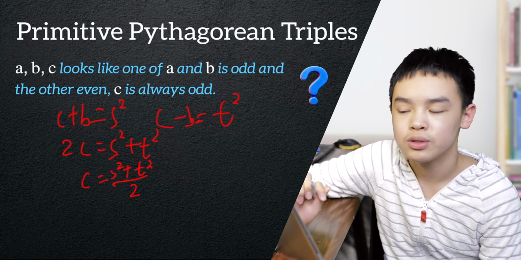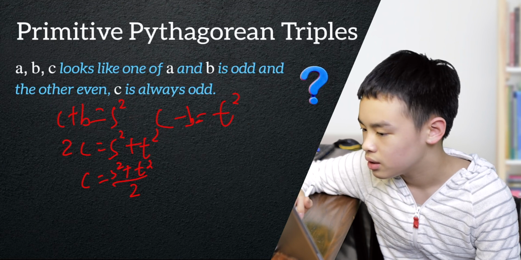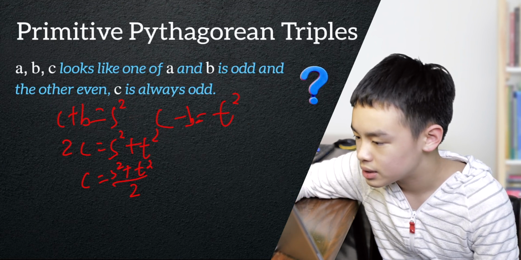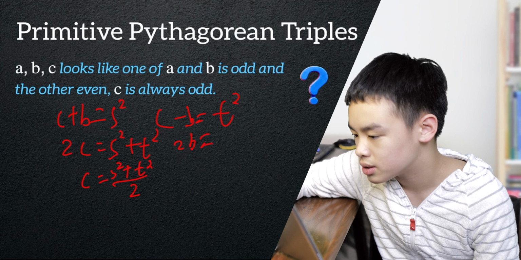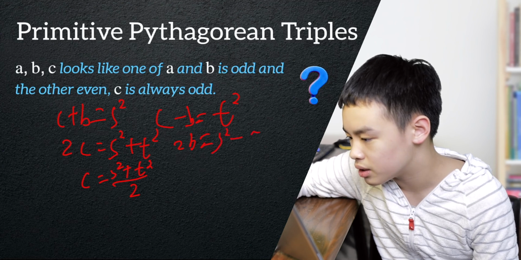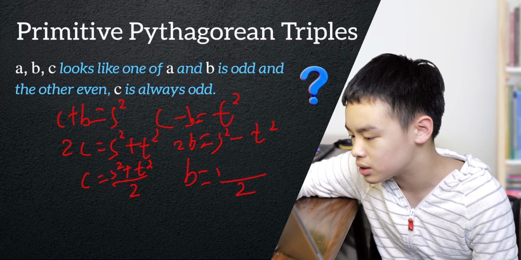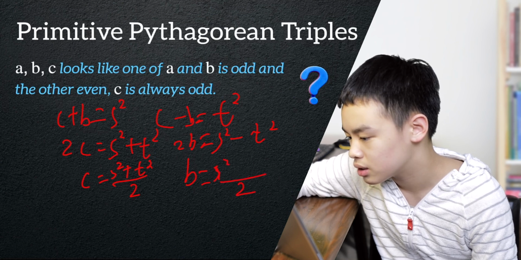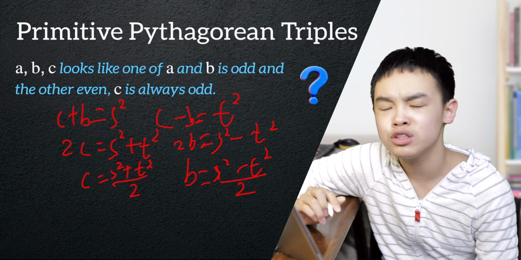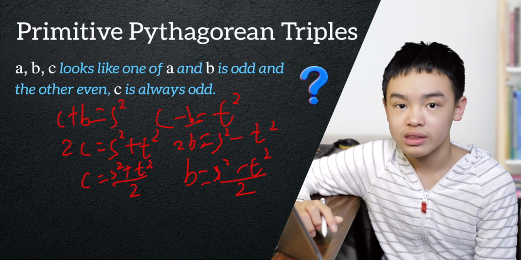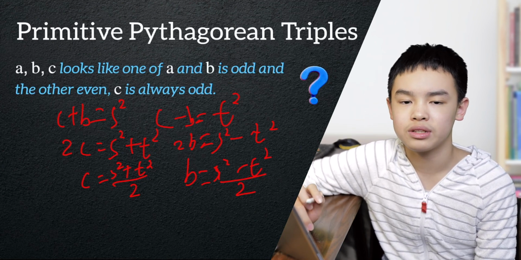Now if we subtract these two equations, we get 2B equals S squared minus T squared. Divide both sides by 2, and we get B equals (S squared minus T squared) over 2. And we found B and C for themselves.